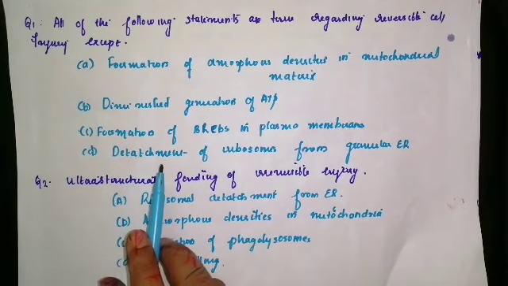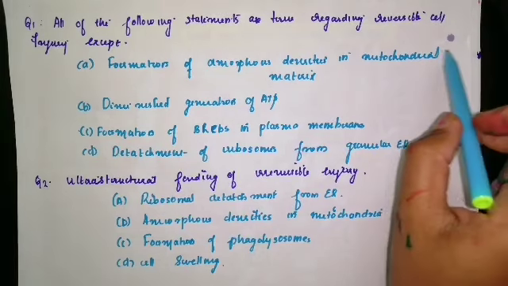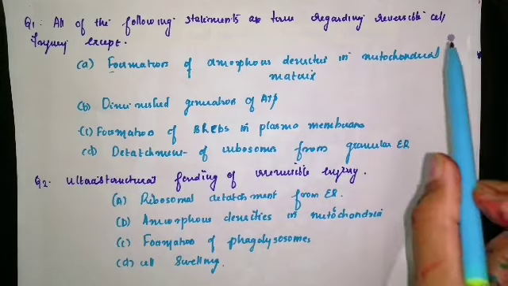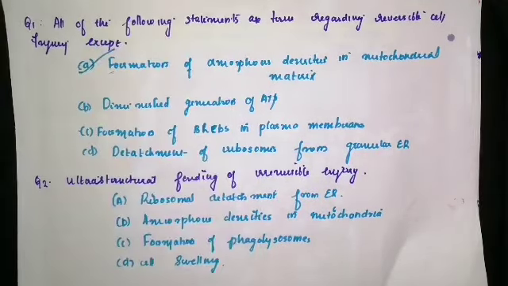Option C, formation of blebs, is also seen in reversible cell injury. Option D, detachment of ribosomes from granular endoplasmic reticulum, is definitely seen in reversible cell injury. So the only change not seen in reversible cell injury is option A, formation of amorphous dense deposits in mitochondrial matrix. So option A is the answer.